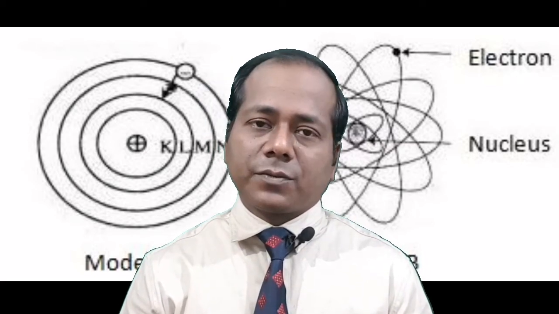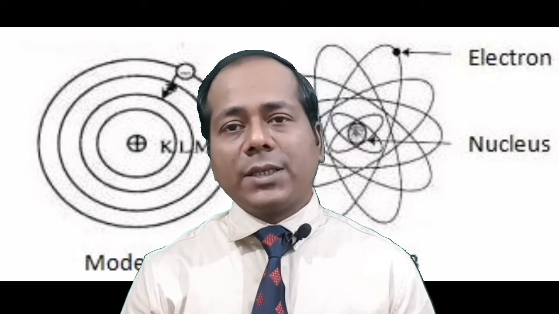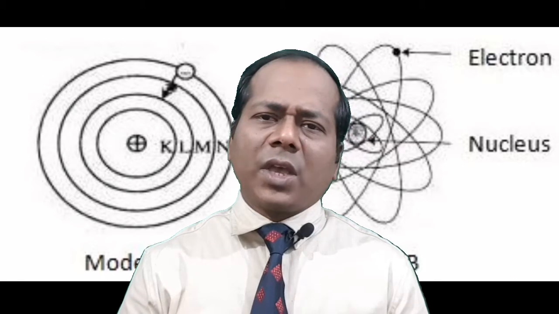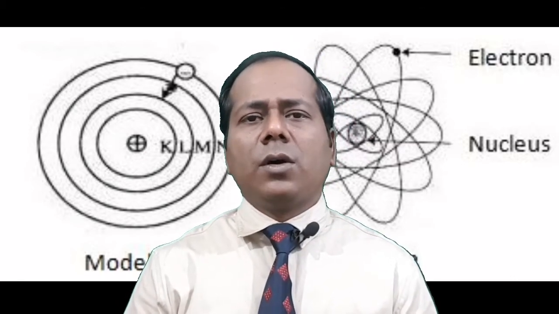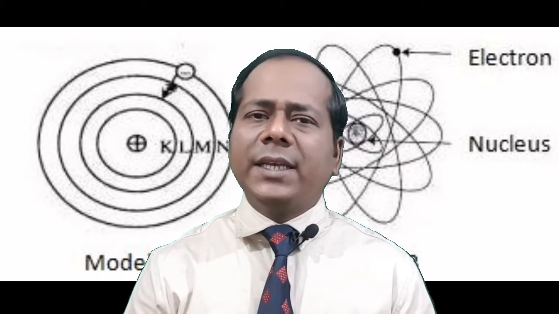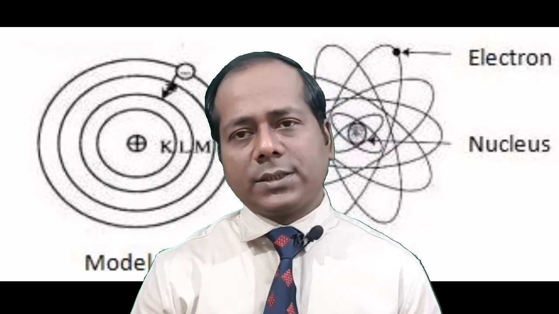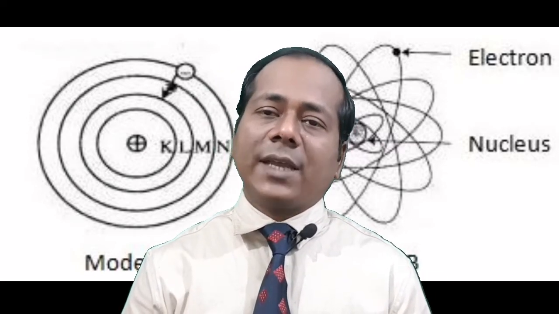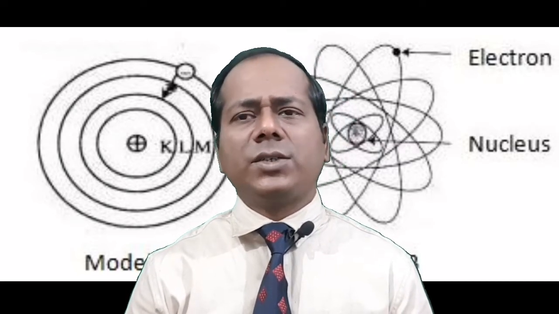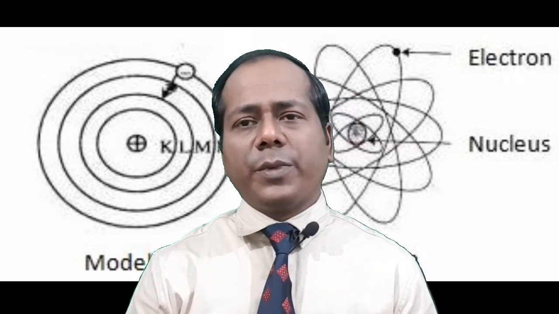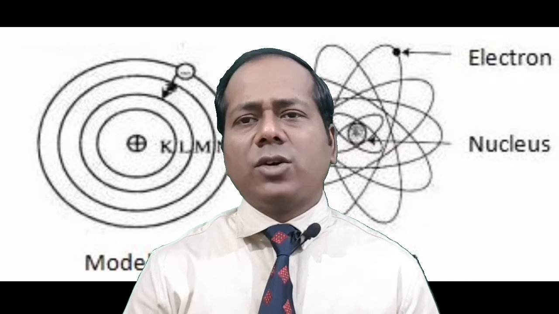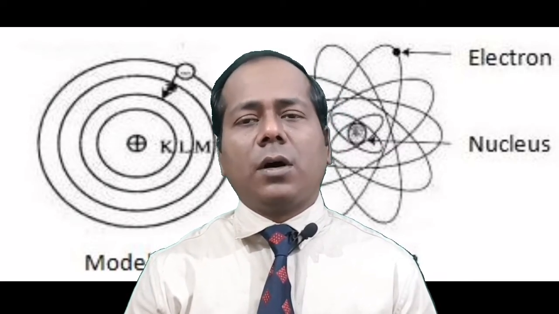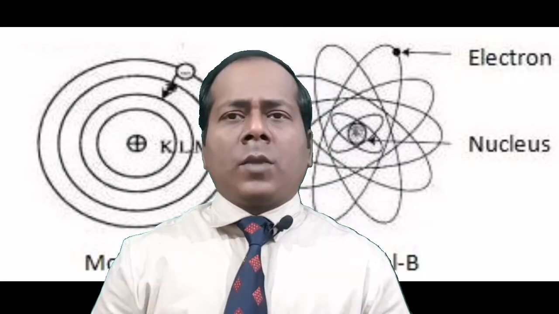theory. According to Rutherford's atomic model, electrons can move in any circular orbit of any radius around the nucleus. According to Bohr's model, electrons can only move in certain stationary orbits instead of moving in any circular orbit of any radius.